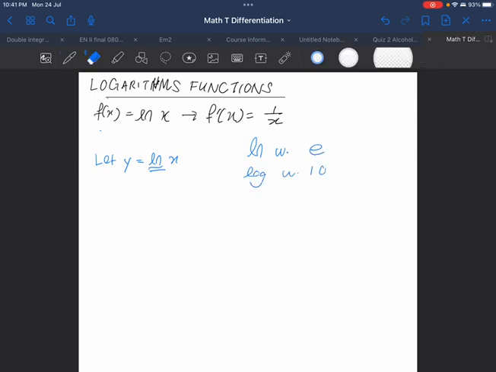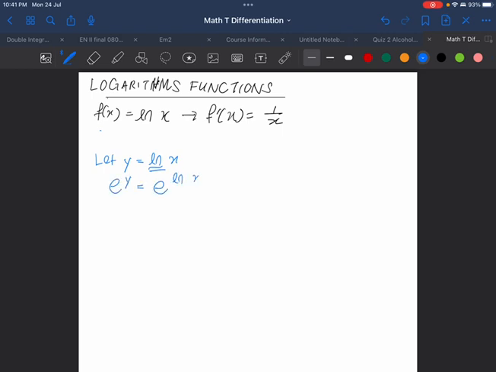So what we do is add the exponential to both sides: e to the y equals e to the ln x. As we know the general formula, e to the ln of anything, say a, will be equivalent to a. So here they naturally cancel out, which means e to the y will be equivalent to x.